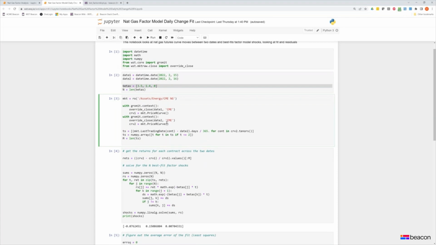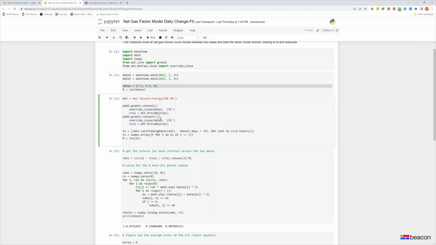Now what I'm going to do is say, let me look at how much the curve actually moved from the 15th to the 16th of February, and then what the factor model would have predicted that it moved. If I best fit the weights for those 3 factors to match what actually happened in the market, how good a fit is that? So here I'm pulling in the forward curves on these 2 different dates.